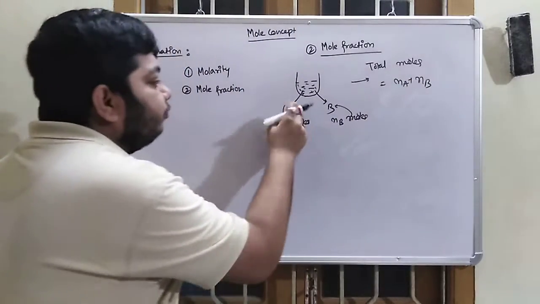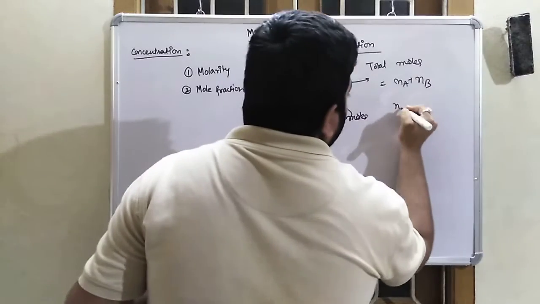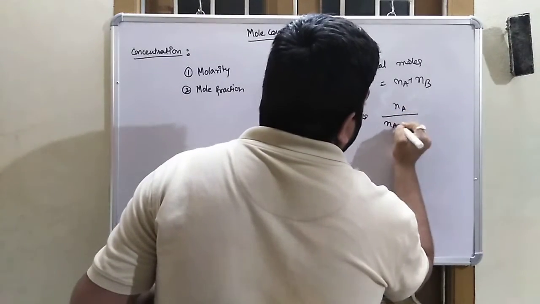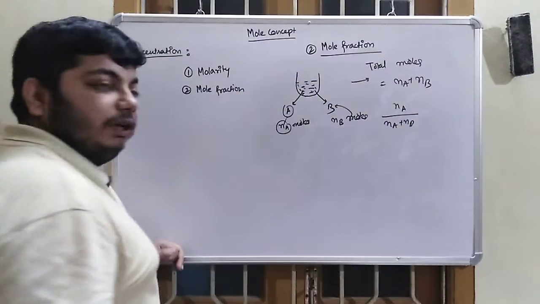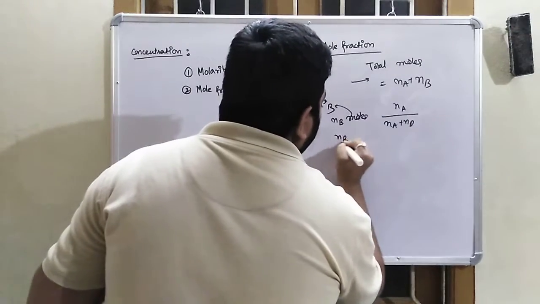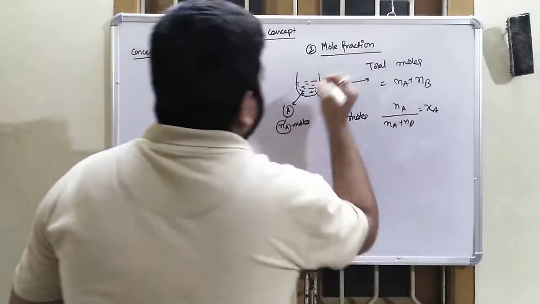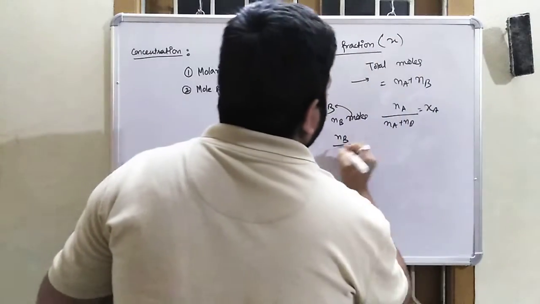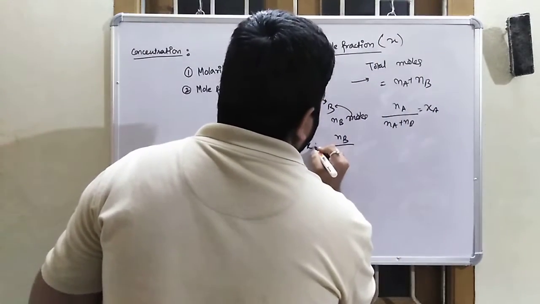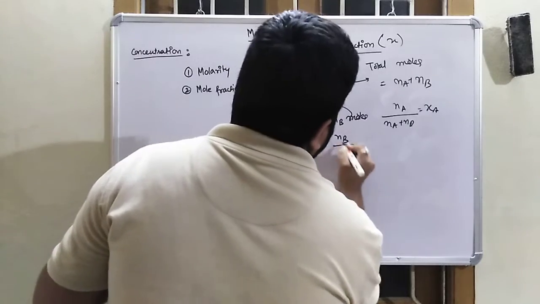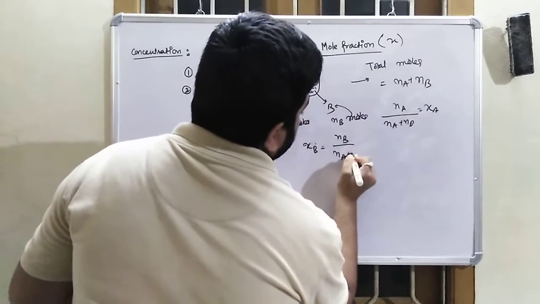So what will be the mole fraction of A? It will be Na divided by Na plus Nb. And what will be the mole fraction of B? We generally denote it by X. XB is Nb by Na plus Nb.